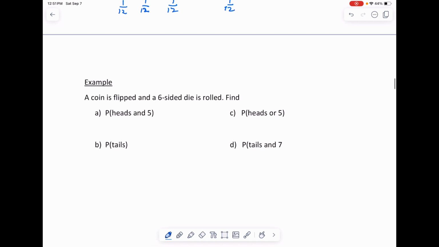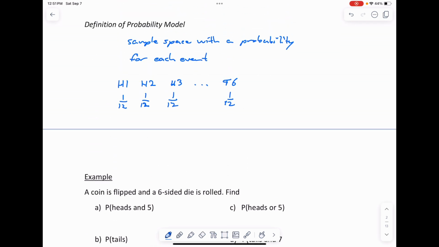Now, one of the nice things about a probability model is that once you've made it, you can very quickly and easily figure out a variety of probabilities by just pulling the individual probabilities out of that model. I wouldn't necessarily make a model by hand for a very large set of events. If there were, let's say, 200 possible outcomes, I don't want to make a chart for that.